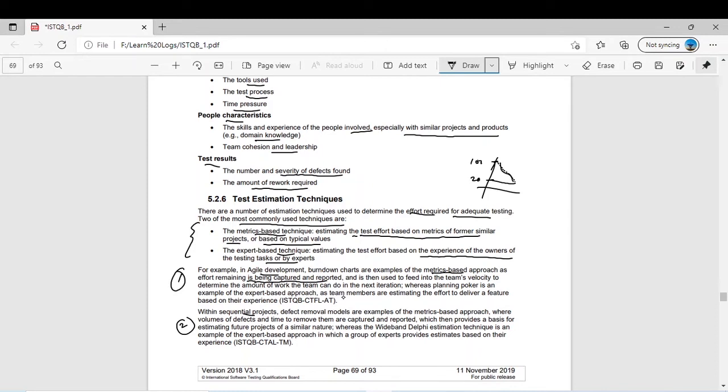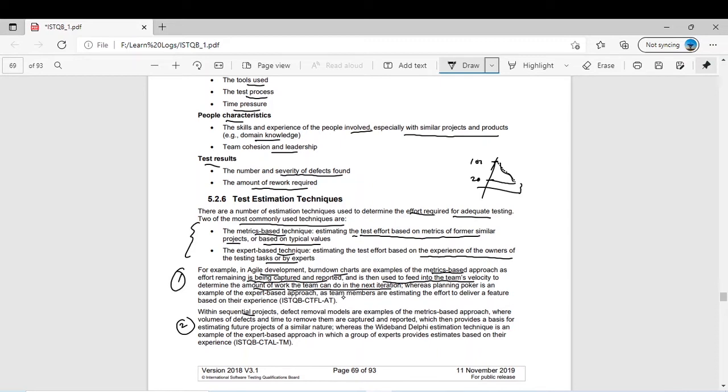For the next sprint, or the next phase or iteration, they will plan with these 20 requirements. So it's called a burn down chart, which is an example of a metrics based technique in agile development. This is then used to feed into the team's velocity to determine the amount of work the team can do in the next iteration. Okay, so that is a burn down chart.